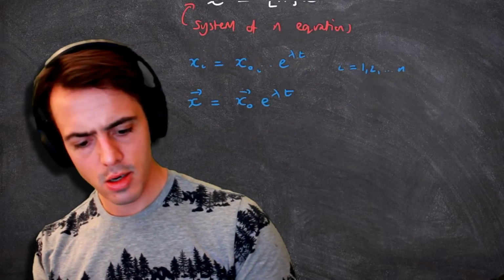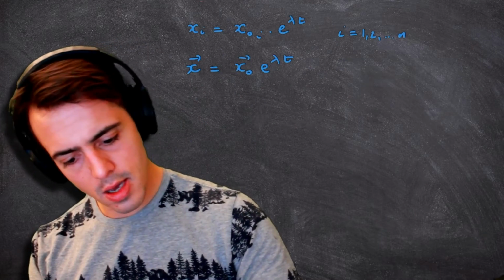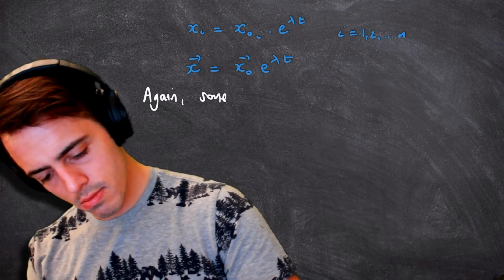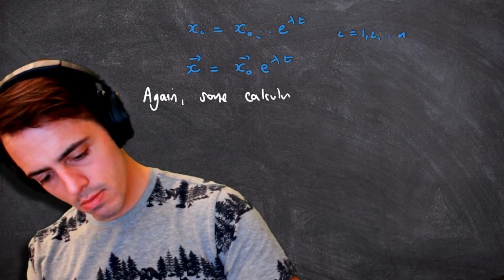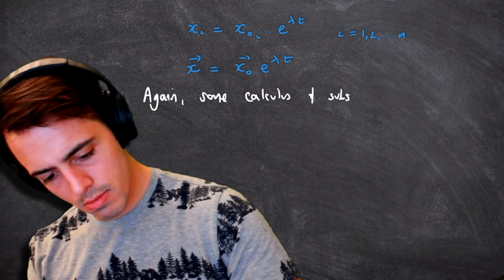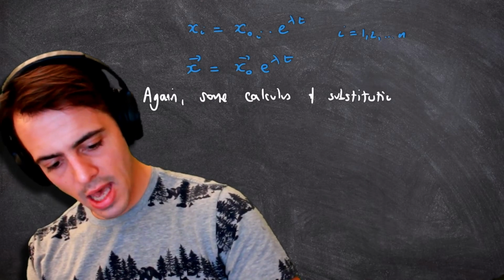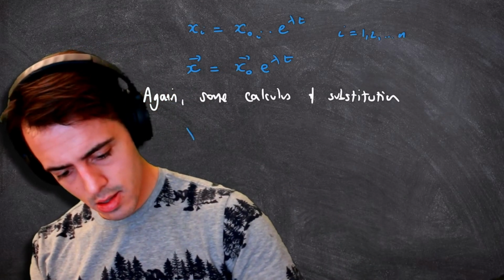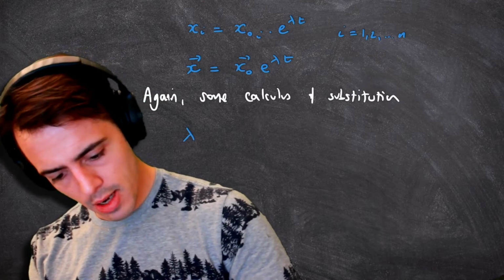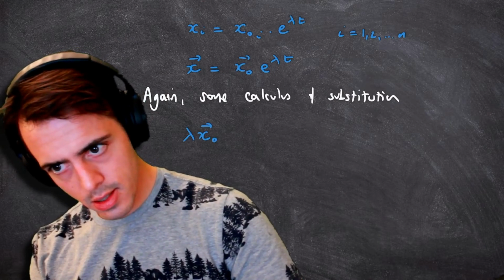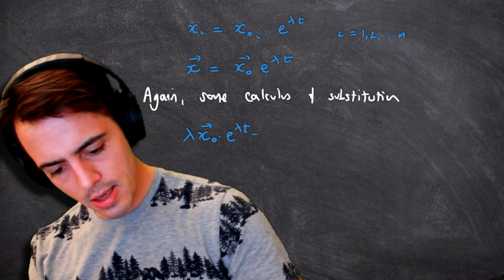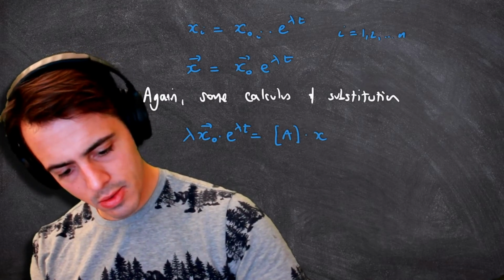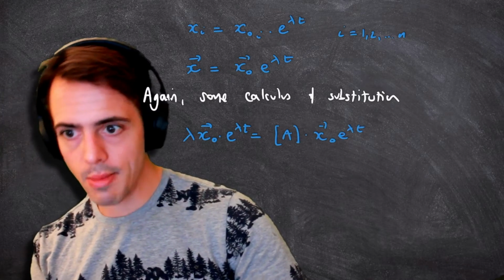And we can then write this, with some calculus and some substitution, and we will end up with lambda multiplied by x naught e to the lambda t is equal to the A matrix multiplied by x naught e to the lambda t.